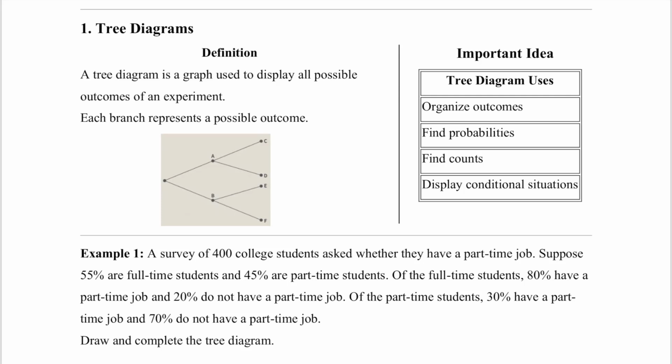Tree diagrams are commonly used to organize outcomes, find probabilities, find counts, and display conditional situations. Notice that tree diagrams are especially useful when one category depends on another category.